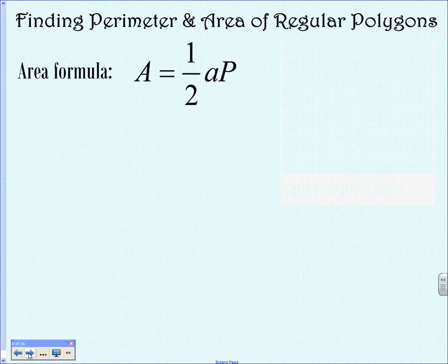Okay, good. So this is our area formula for a regular polygon. Area is 1/2 AP. A is apothem. What do you think P stands for? Perimeter.